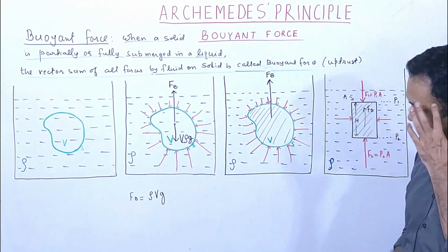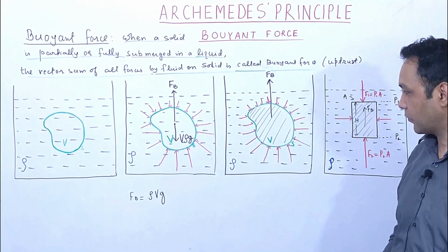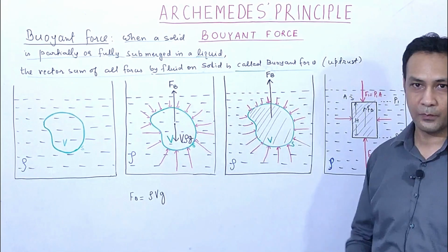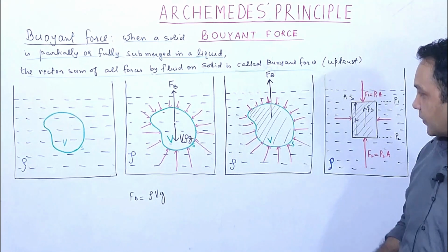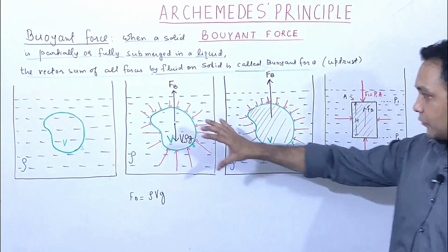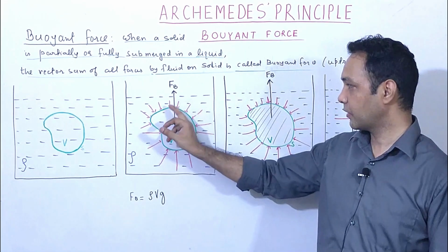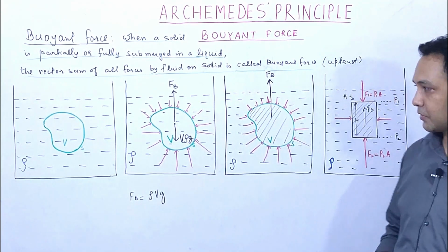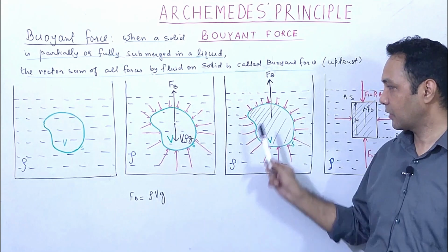And now suppose we have the same container, same liquid, and the same outer surface, but within that same surface there is some solid inside it. Earlier that was a part of the whole liquid, and we had taken an imaginary surface. Now we have a solid which has the same volume and the same boundary.